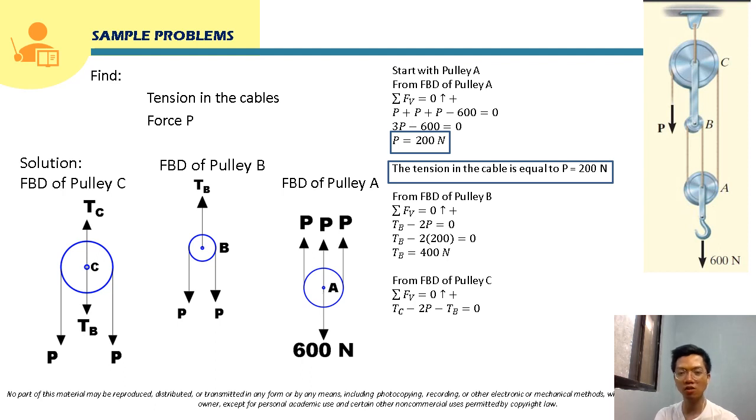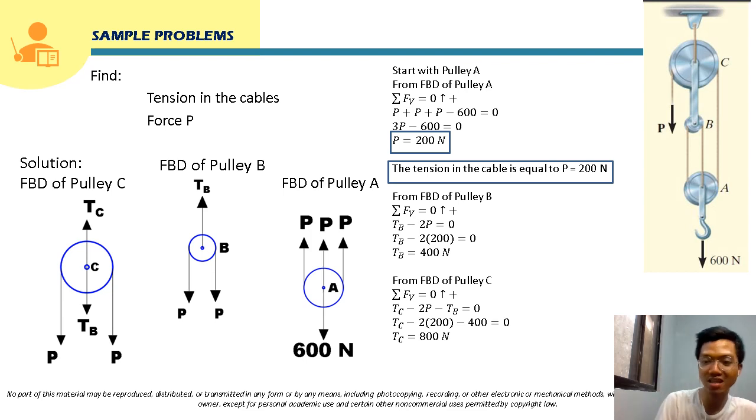Since we have already solved for TB, which is 400 Newton, and P, that is 200 Newton, we just substitute them here. So we can solve for TC, and our TC here is 800 Newton. So this will now be the TC. Again, no need to box this since this is not asked in the problem.